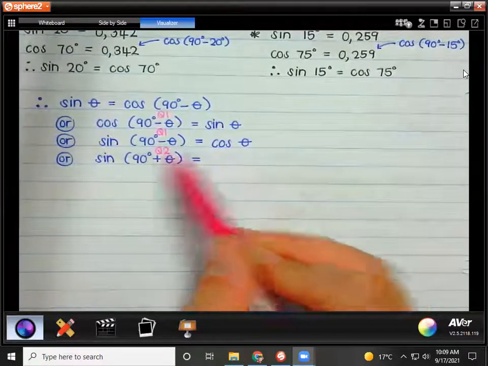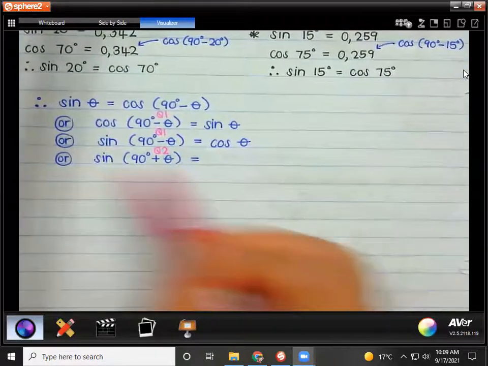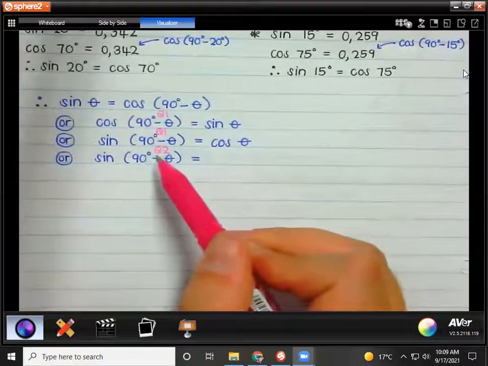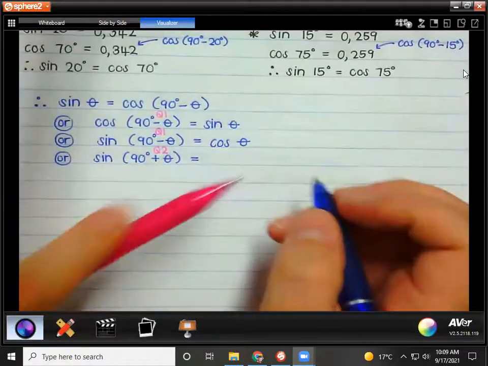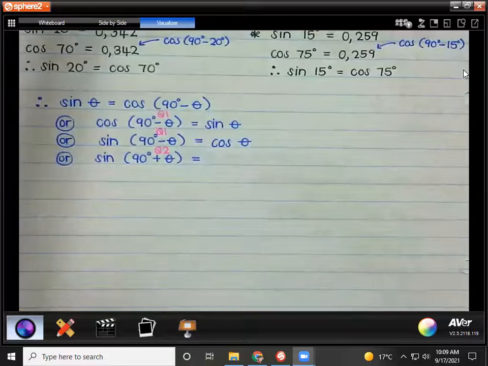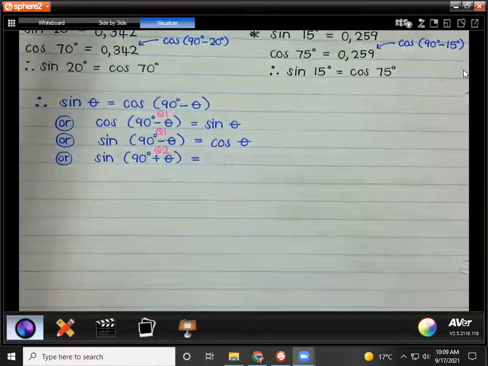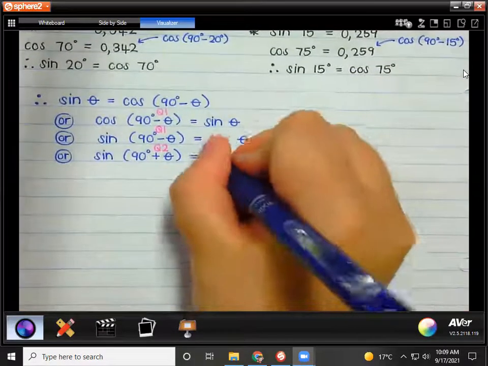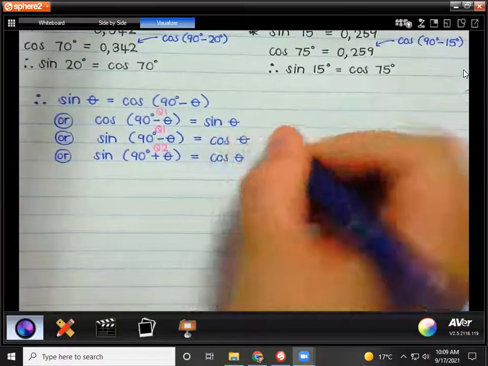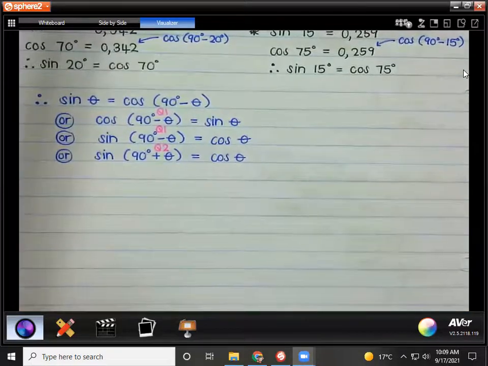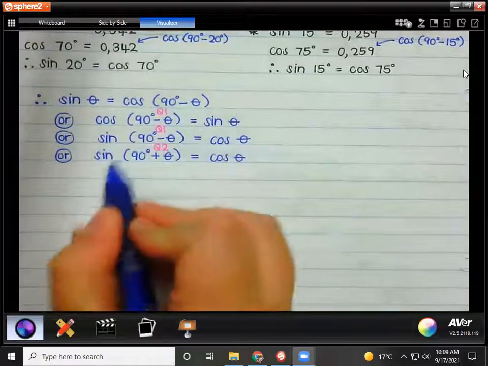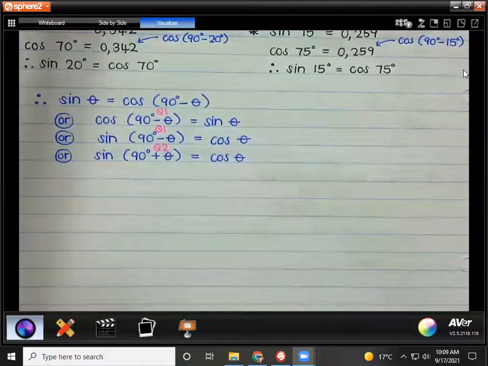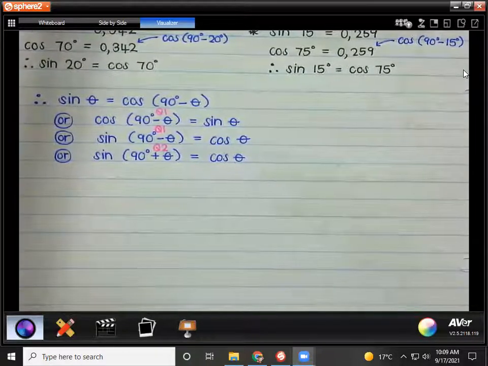Positive. But it's going to become positive cos theta. We're not only looking at the sine, we also have to remember that if it's 90, I must change sine to cos. That's what makes it a bit more complicated. So this is going to become cos theta. Sine is positive in the second quadrant, so you take the sign of the original function.